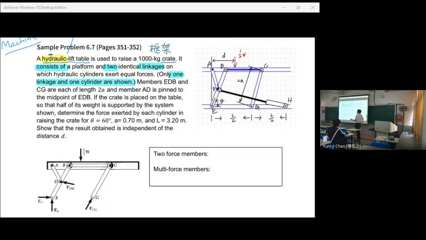If this question is so long, which word should we look for? Determine. So what should we determine? Determine the force exerted by each cylinder in raising the crate. Cylinder is this one.